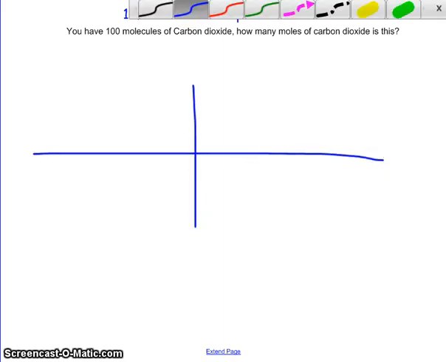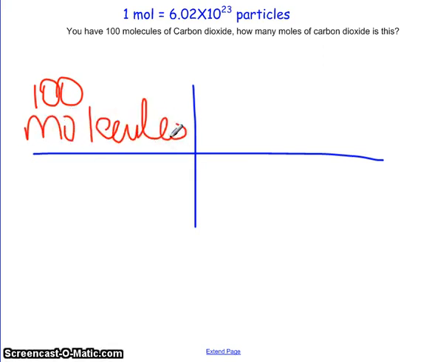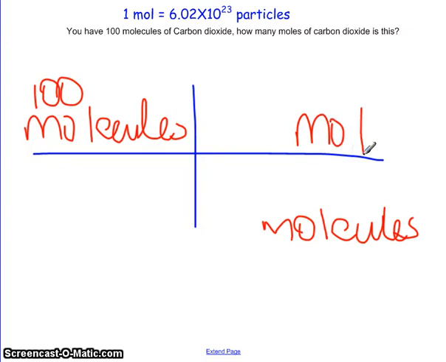T-chart. 100 molecules. Molecules on top, so we need molecules on bottom. And mole on top. In our conversion factor, 1 mole is 6.02 times 10 to the 23rd.